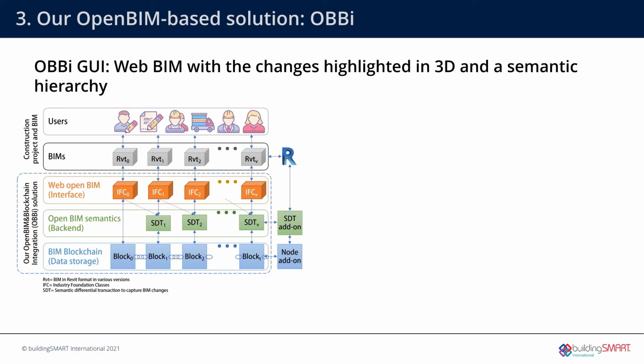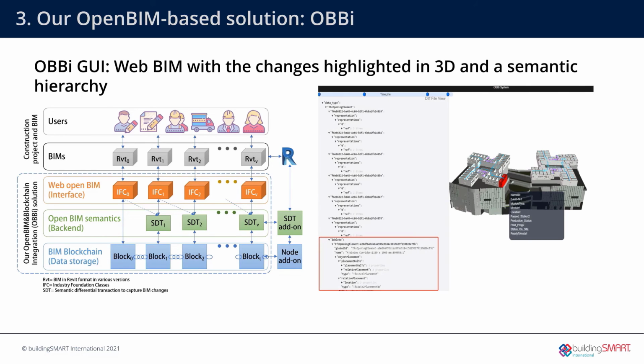And the commercial software like Revit can use the SDT JSONs and the node JSONs to read the semantic data as well as the blockchain data. In the web BIM interface, the semantic changes can be updated and highlighted simultaneously in the 3D model so that you can locate and trace the semantic changes along the semantic hierarchy of the BIM project.